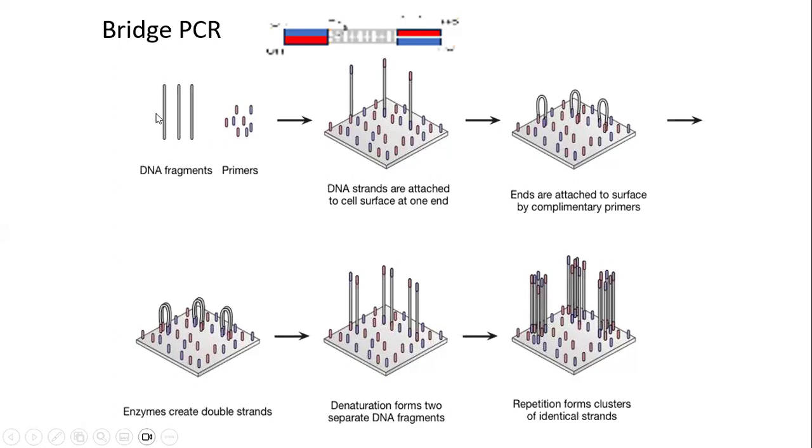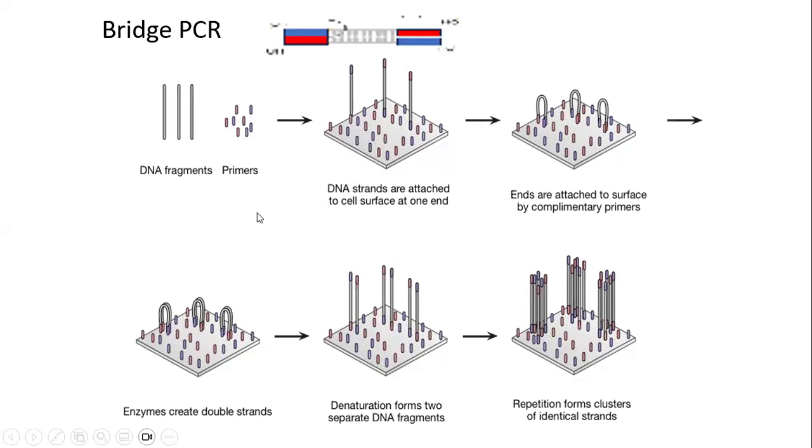On the surface of the cells present on the chip are these primers. As you can see, there are two types of primers: the one in red, that is complementary to the blue portion of the adapters, and the one in blue, that is complementary to the red portion of the adapters.